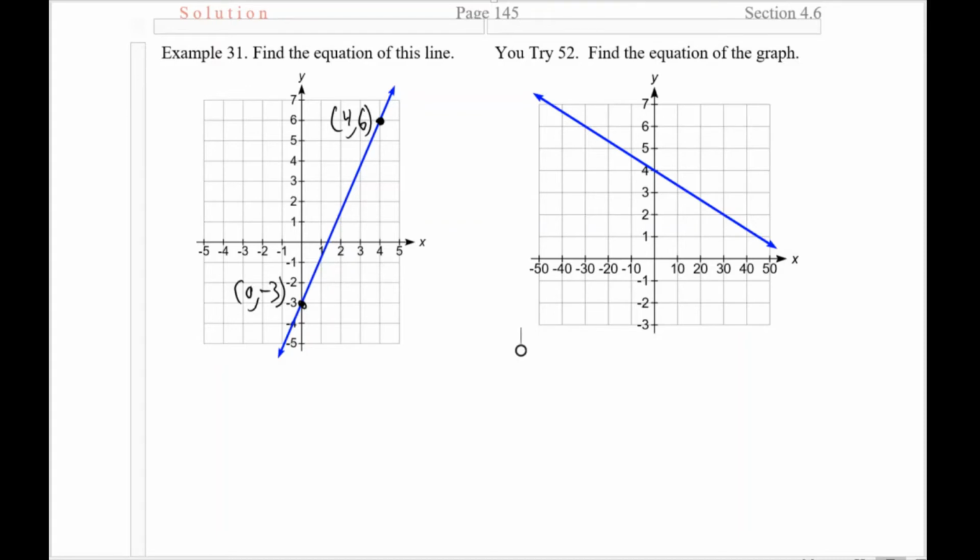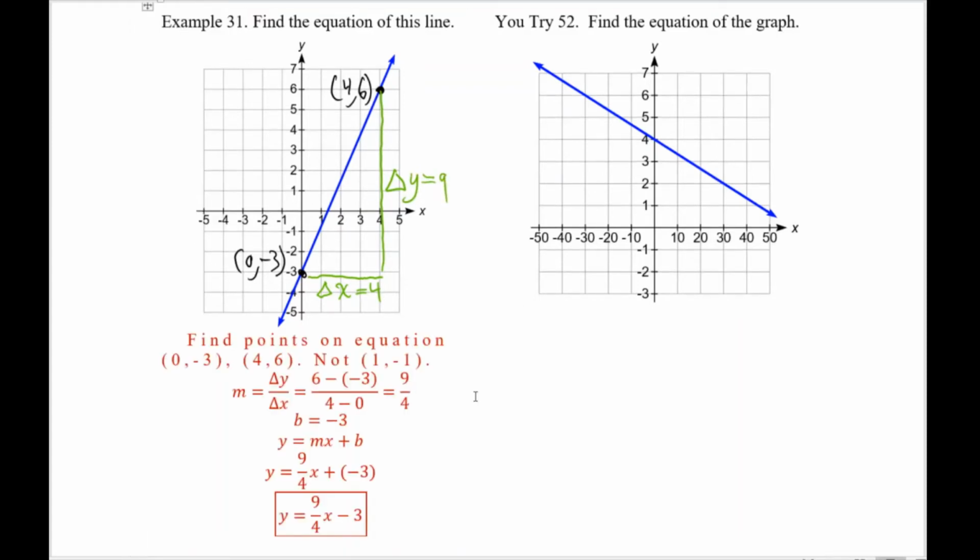and now find the slope of the line between these 2 points. My change in x direction, horizontal direction, was 4. And now my change in the y direction, vertical direction, was 3 plus 6, 9.